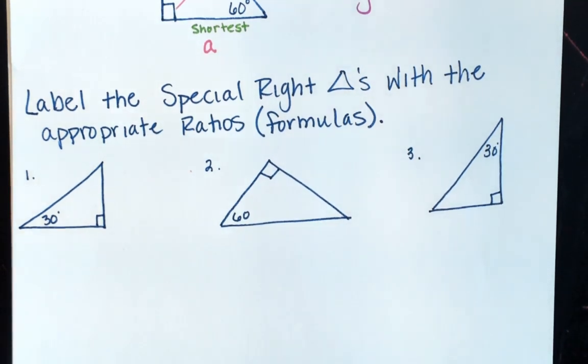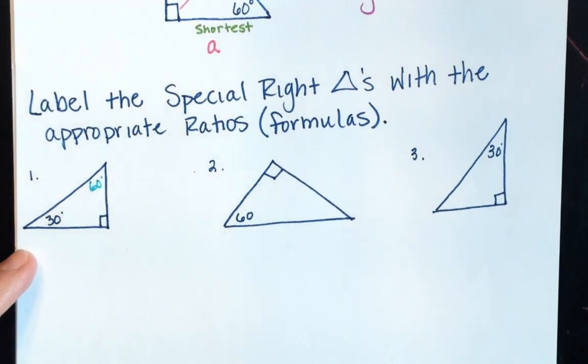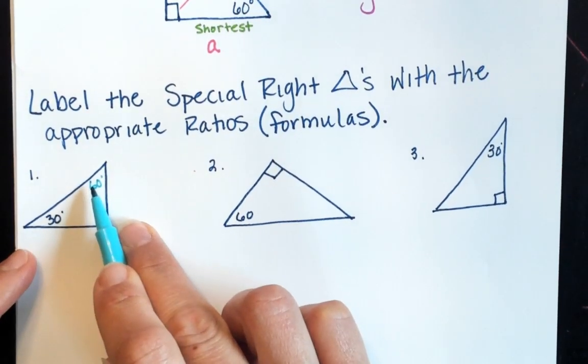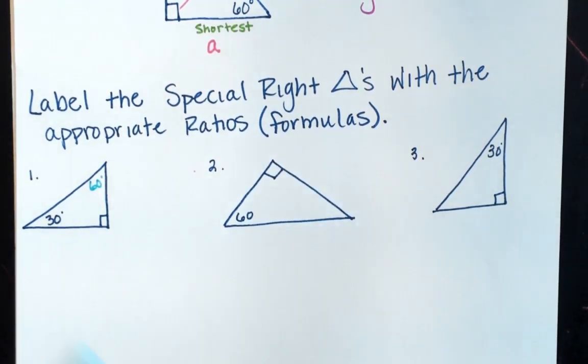First thing I'm going to suggest is right away put your 60-degree measure in there because we know 30 plus 60 is 90 plus 90 is 180. Then start with a different color because we want to be able to see our formula.